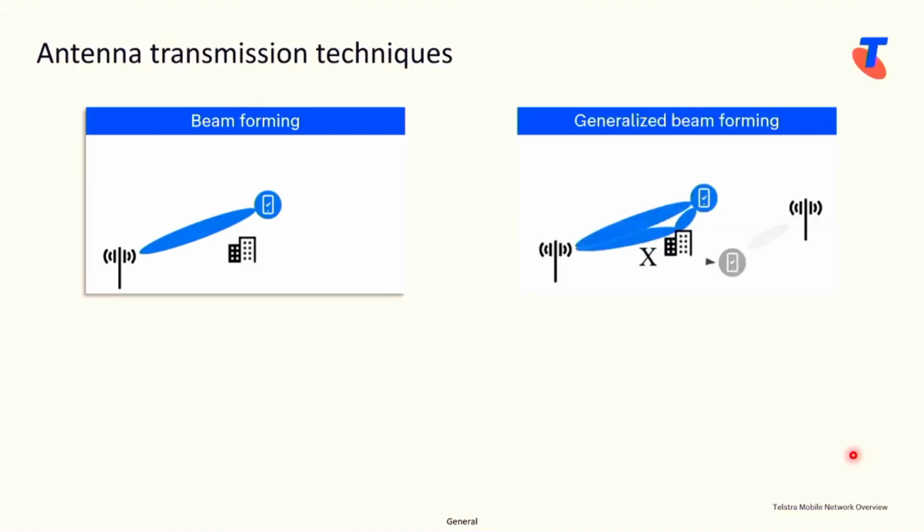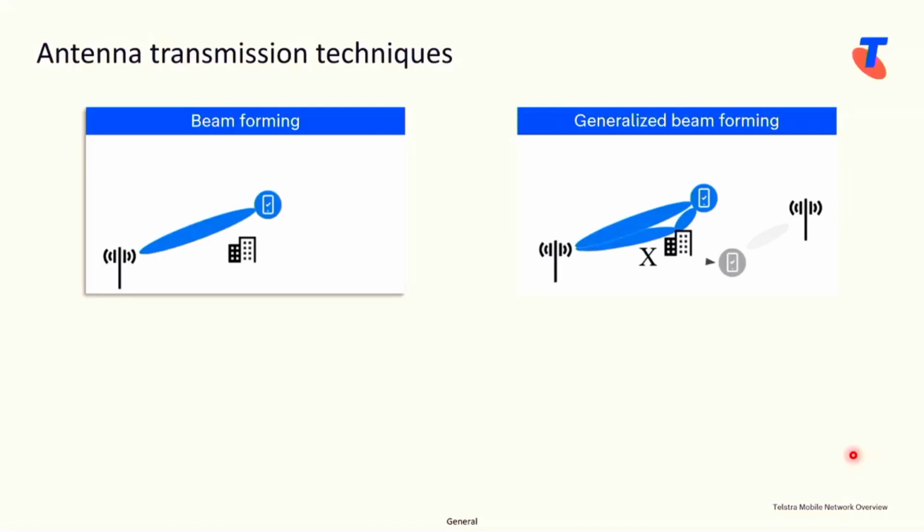The second one is a generalised beam forming. So it's not like a direct beam that you could draw a picture of. It's more of an obscure looking beam, and it's using all the reflections that are happening between the mobile and the antenna. So you've got stuff bouncing off buildings and whatever, and by sending signals in all these different directions, they are meeting up at the mobile.